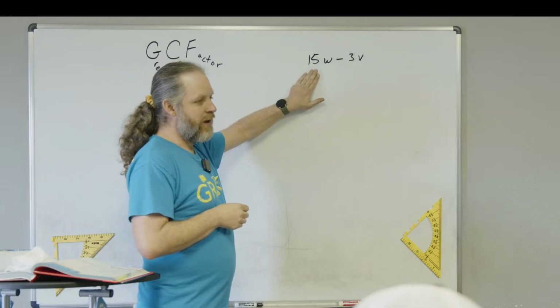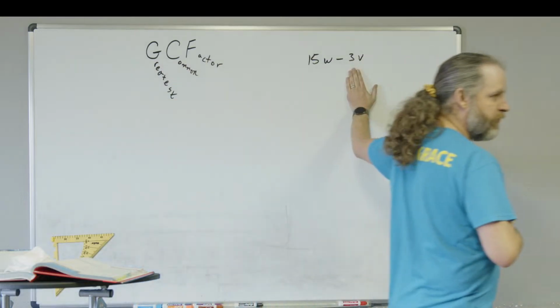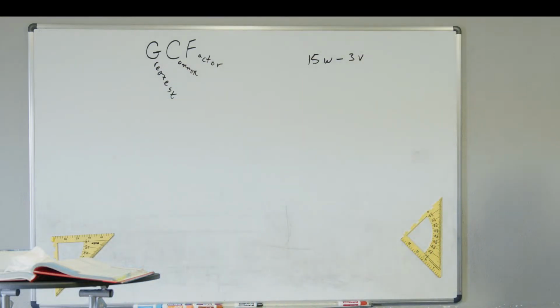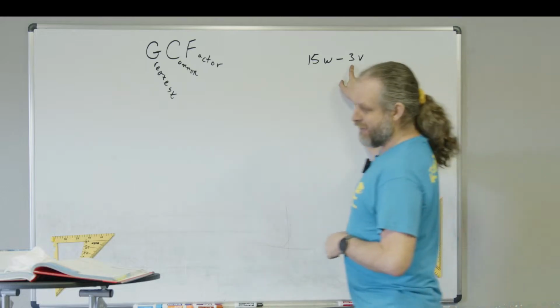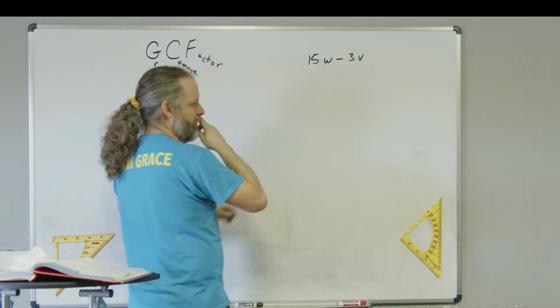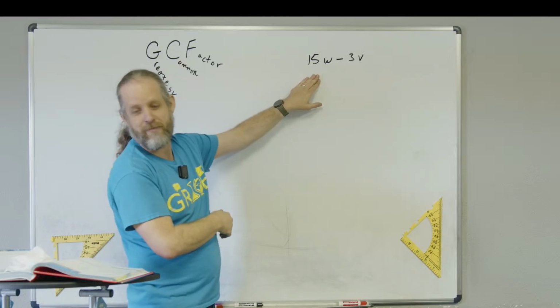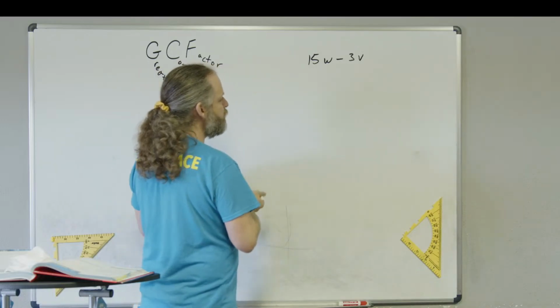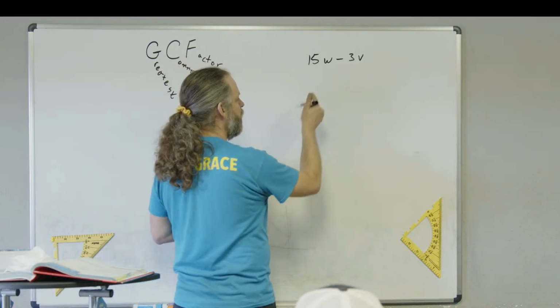So what is a common factor to 15 and 3? 3 goes into both. 3 is prime, so it's only 3, right? So we're going to pull out a 3.